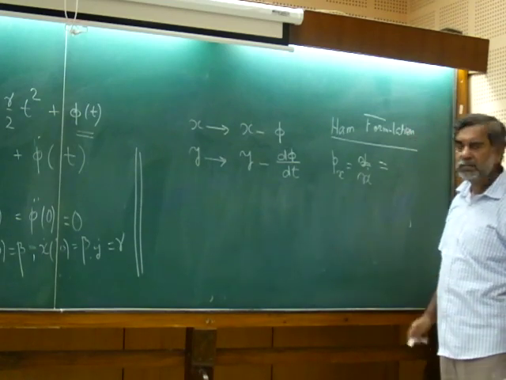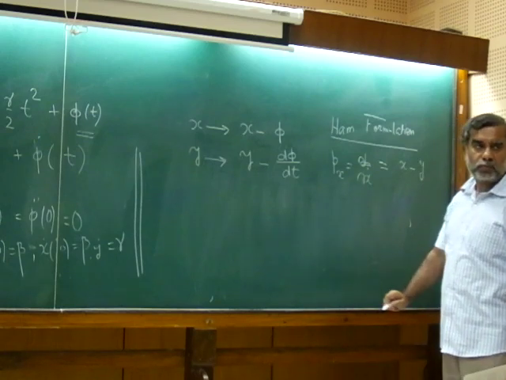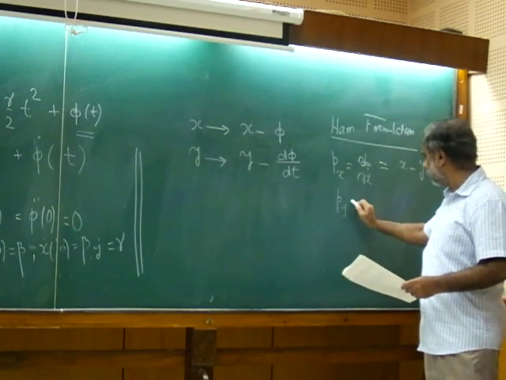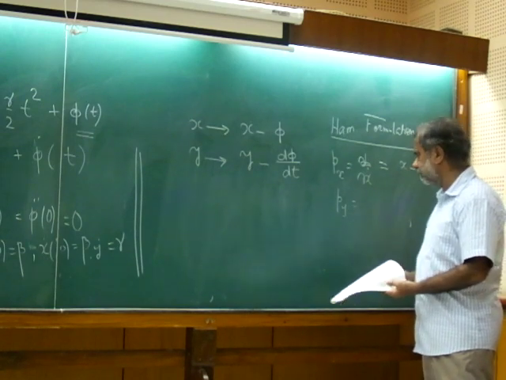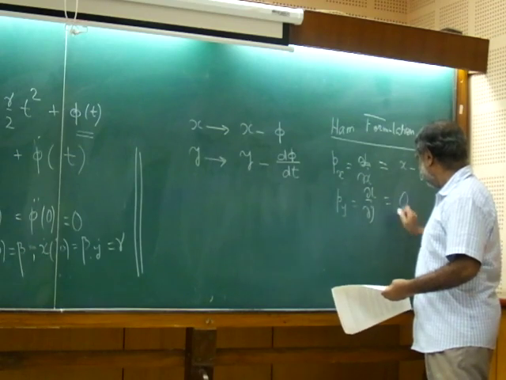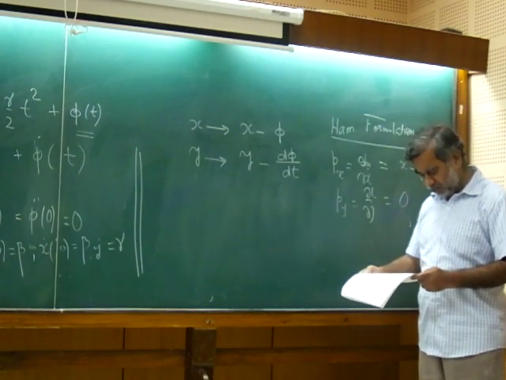What is that? x dot minus y. And Py is del L by del y dot.